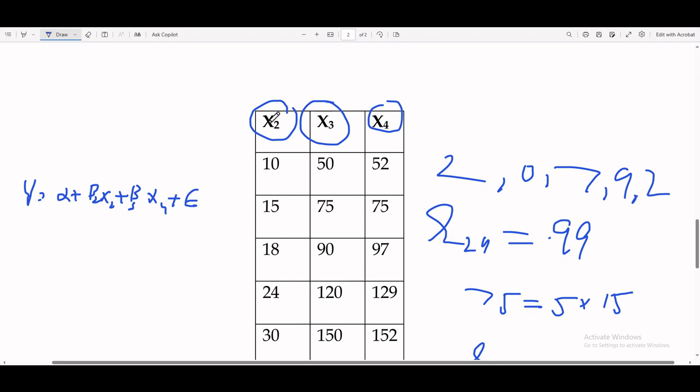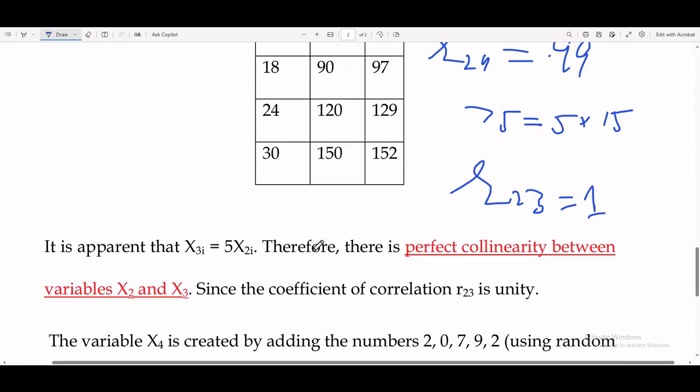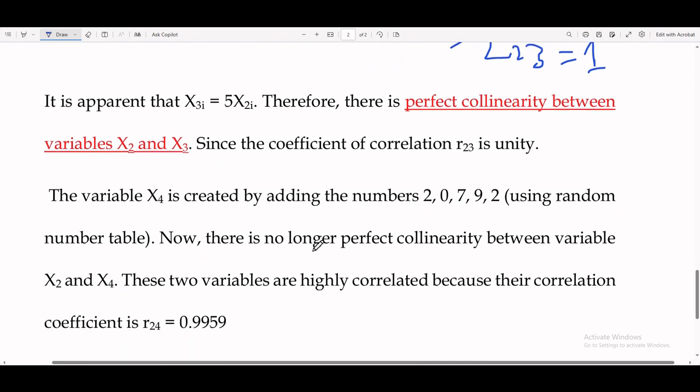In the case of high correlation, you can find the regression coefficients, but the standard error is quite high. And in the case of perfect correlation, you cannot find regression coefficients. So here I write the detail. You can read it from this example.